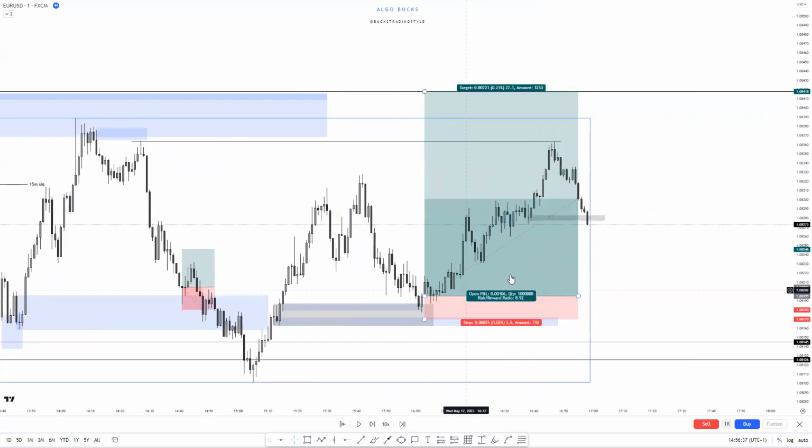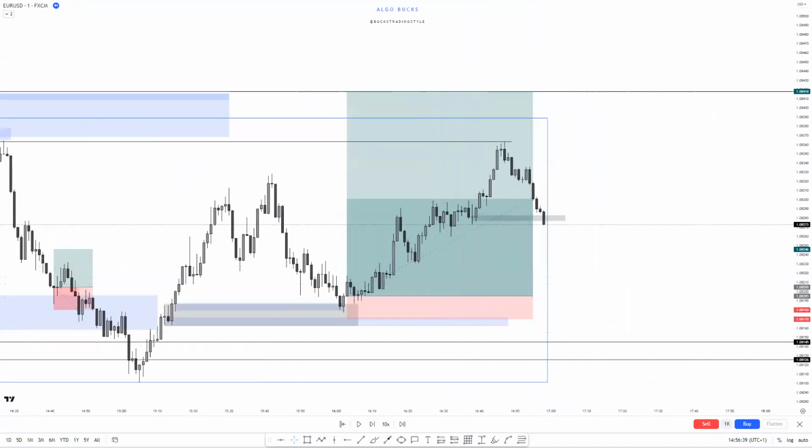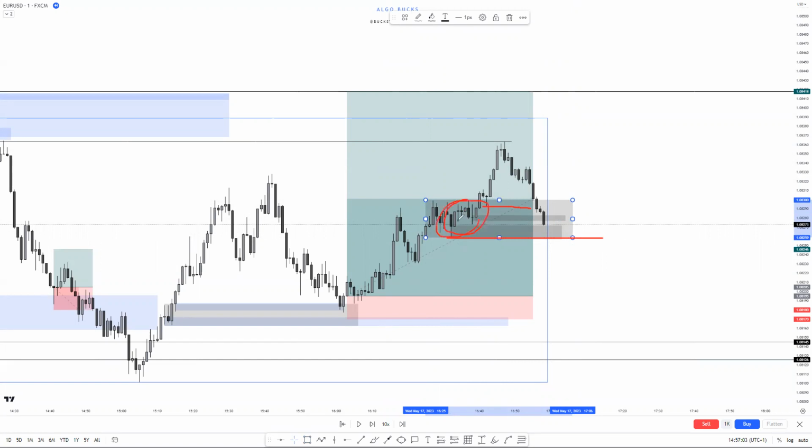Okay, price took that out, and then we did not get any candlestick pattern to take the trade, and price is coming into here. Then let's see, because this whole range right here is our demand, right? This whole range is our demand. Price took out this inducement low, and as long as price has not broken out of this range, any refinement of the POI right there is considered to be valid.